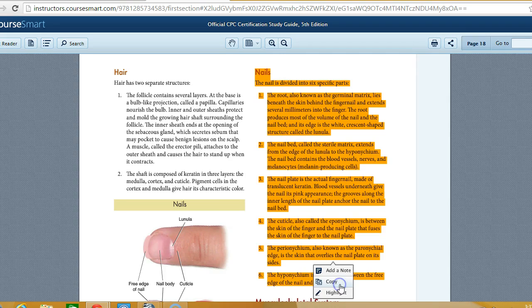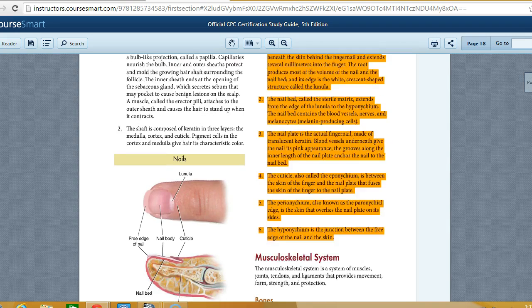Make sure you know this stuff, because I know I've seen questions that pertain to the hair and the nails. So if you write in your book this information about the hair and nails, simplify it to your learning ability, and make sure that you have good knowledge on what the hair and nails are, what they're composed of, and what they do for us.